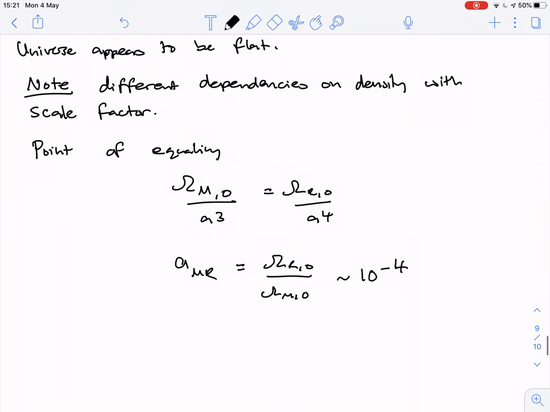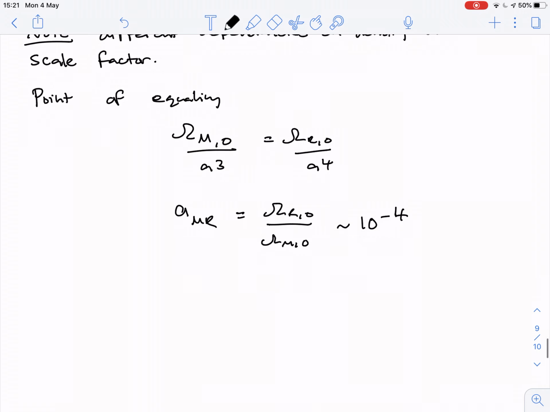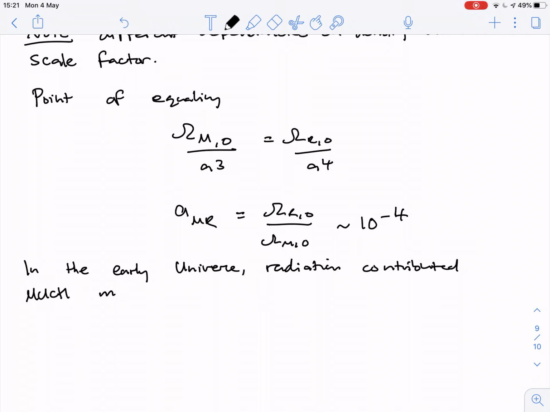So, deep back in the past, in the early universe, radiation contributed much more than matter or lambda.